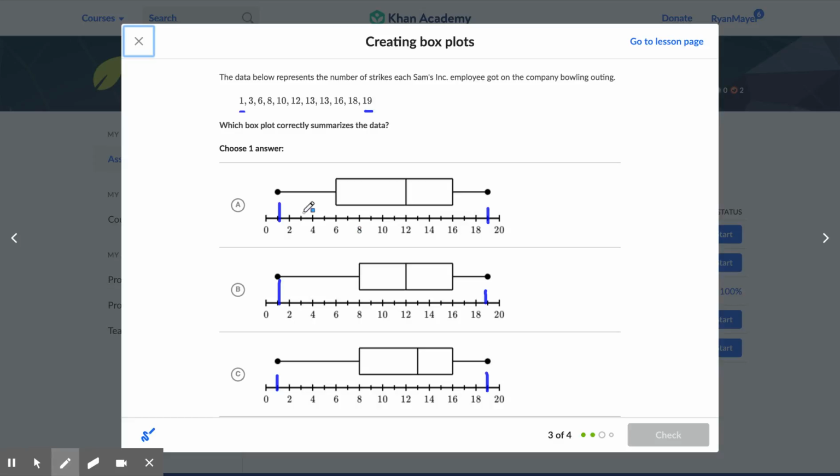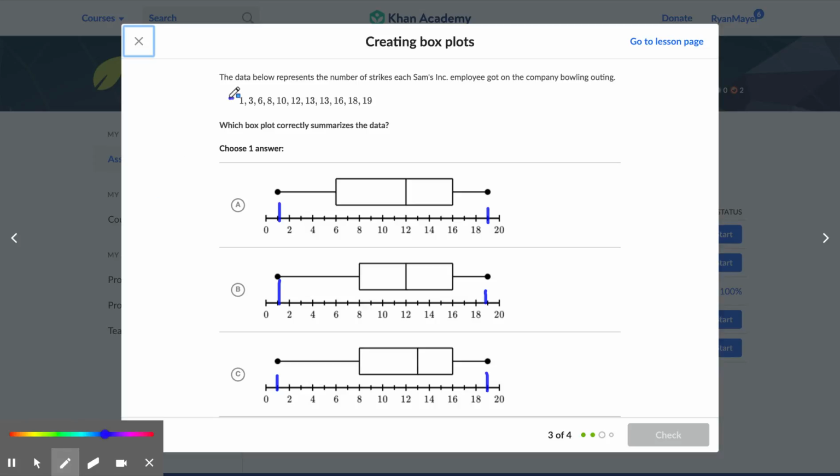If I was going to find the median, you just kind of go back and forth. I'm left with 12 and 13. Let me make sure I did that right. Oh, sorry guys, I realized what the issue is here. Let's do this one more time.